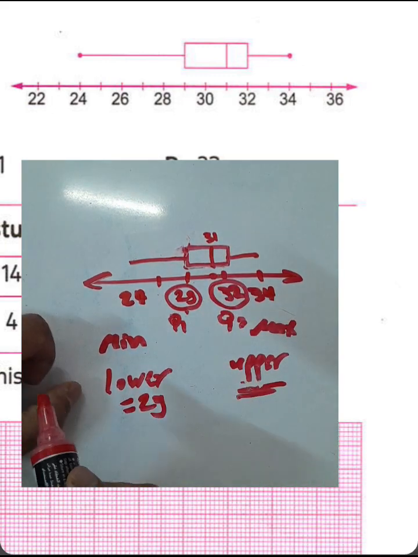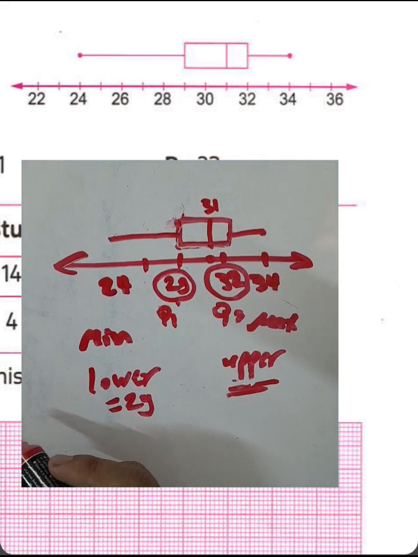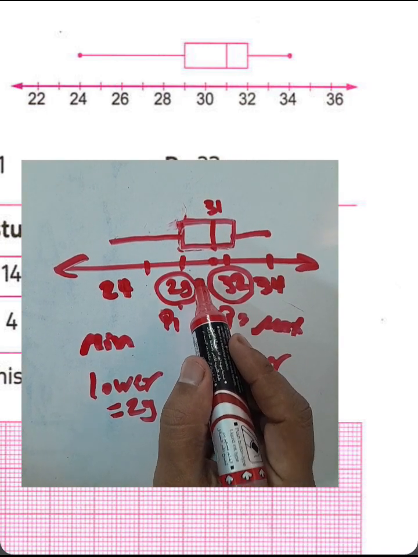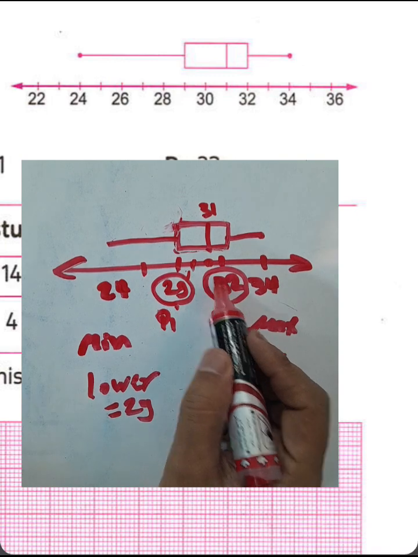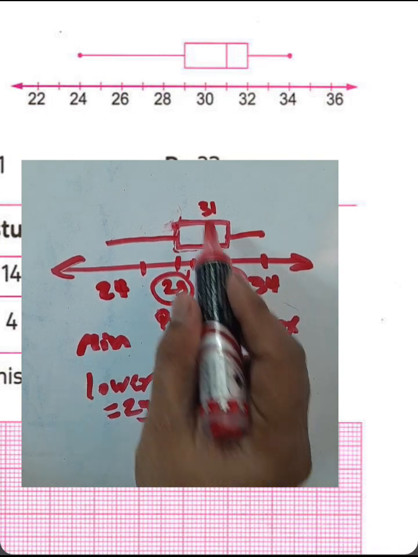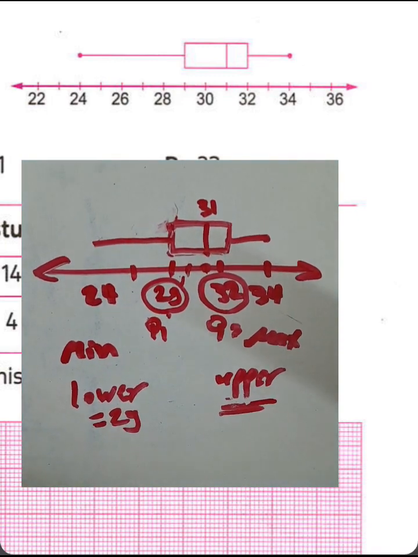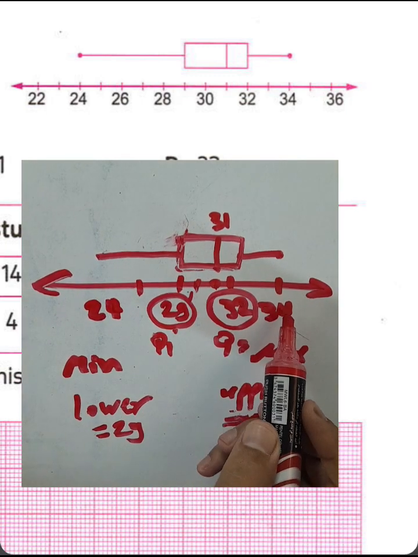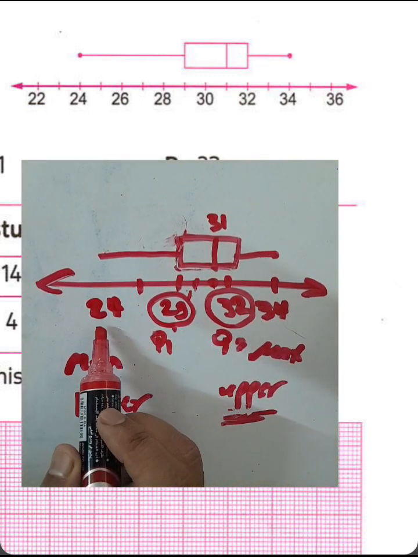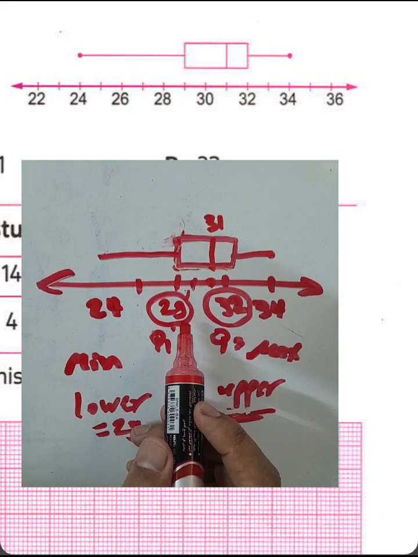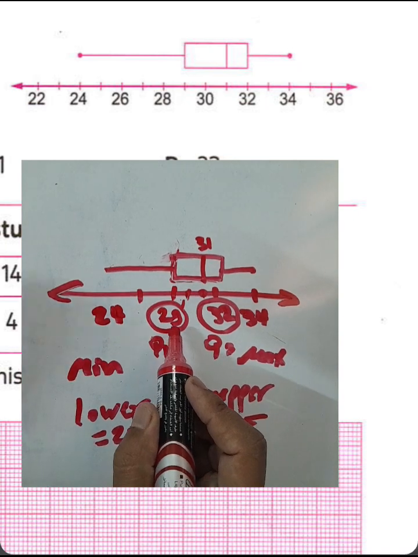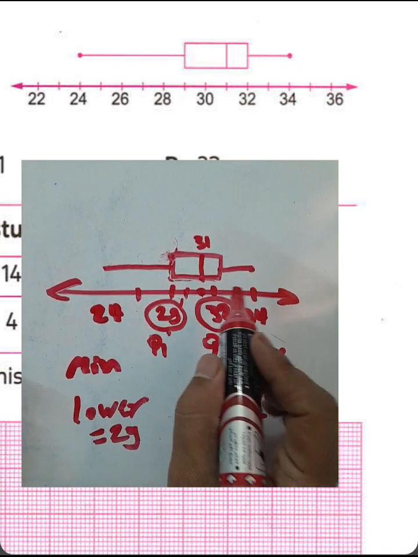The median lies between this number, between 30, okay, we have 30 and 31 and 32, then 31 is the median, okay, 31 is the median, and 34 maximum, 24 minimum, lower quarter 29, upper quarter 32.